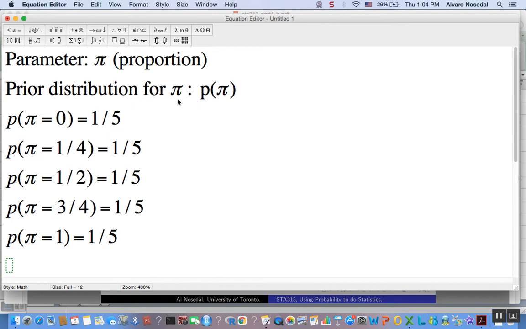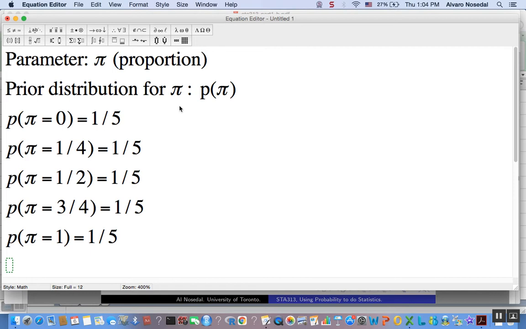So for instance, in the 0-1 interval, we are interested in considering any possible value for that proportion between 0 and 1. Okay, so that's the change that we are going to be considering here.